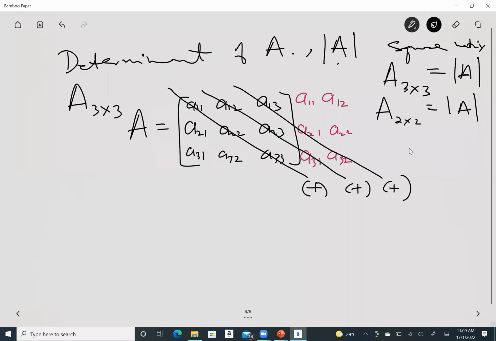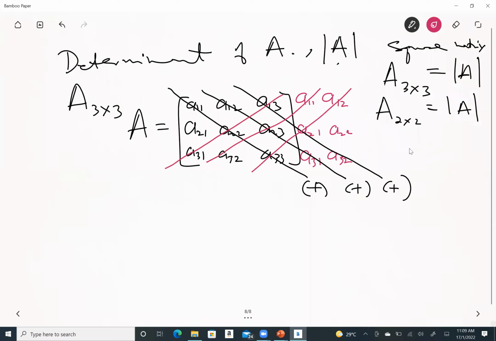And then you multiply all the elements in the secondary diagonal and subtract. In that way, you get the determinant of A 3 by 3.